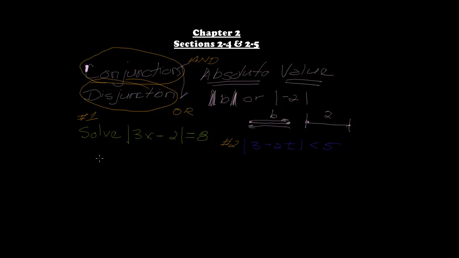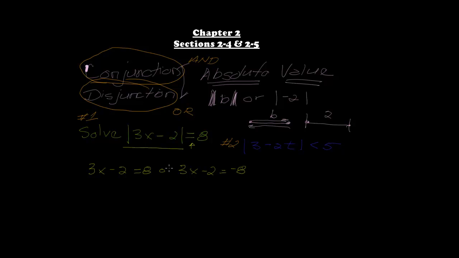Well, if we go to solve this, what we're really saying here, see this expression, is that 3x minus 2 equals 8. If you think about it, what it means is that 3x minus 2 could equal 8. 3x minus 2 could also equal -8.